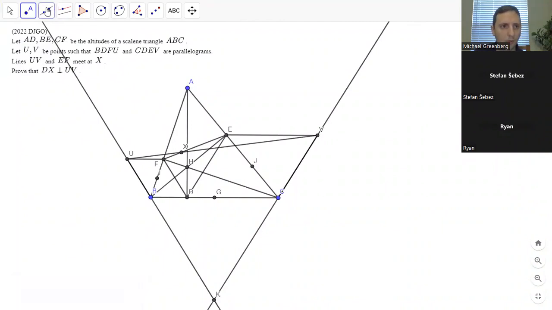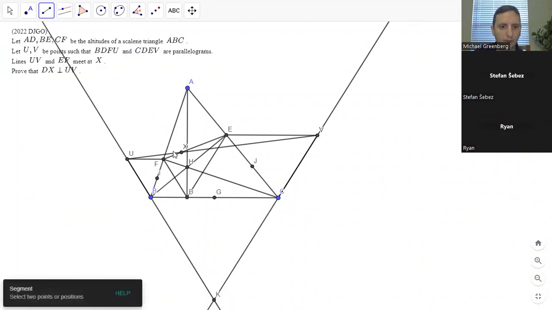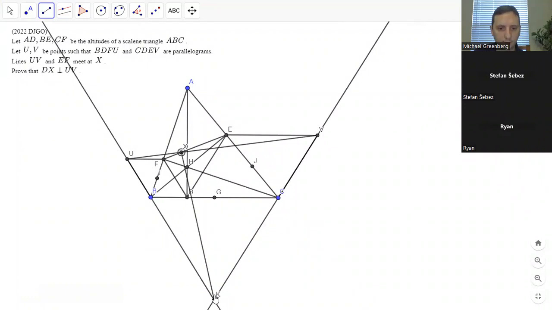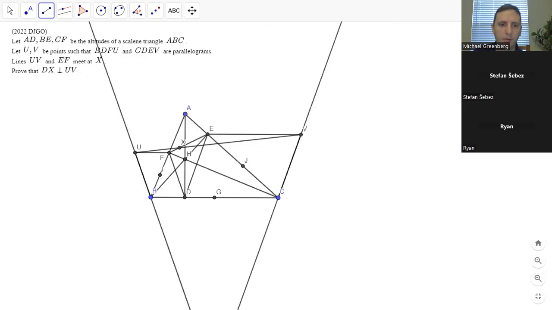Okay, so if we show XD and K are collinear, no, that's not true though. So let's see where I went wrong. Oh, I guess it just doesn't work like that.